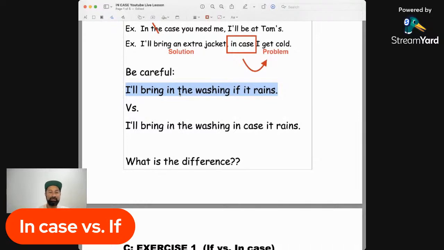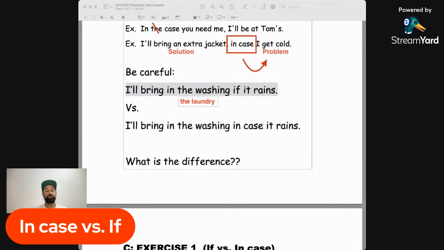The first sentence says, I'll bring in the washing if it rains. Now, here, another word for washing is the laundry. You'll bring in the laundry, you'll bring in the washing if it rains.